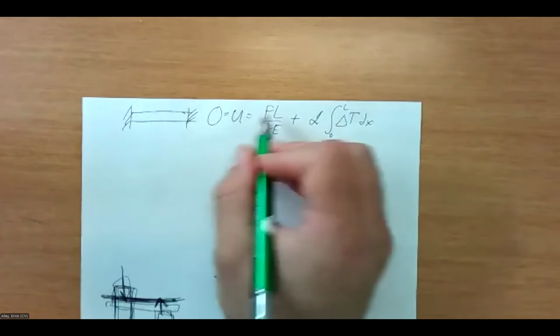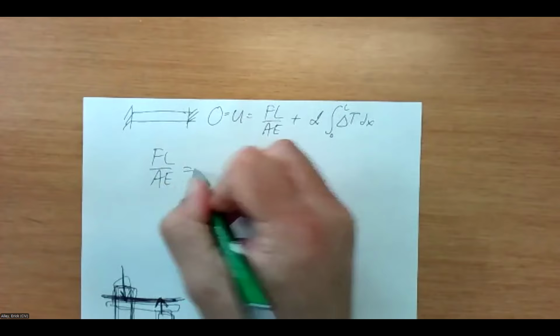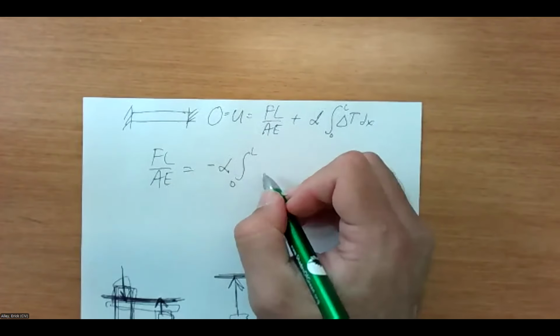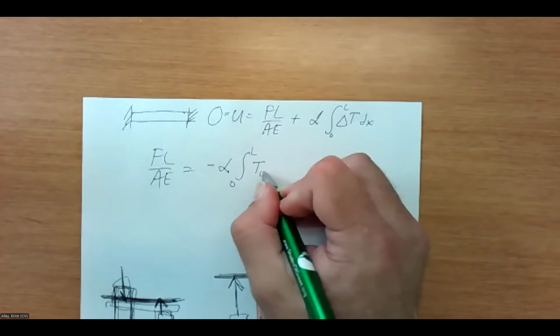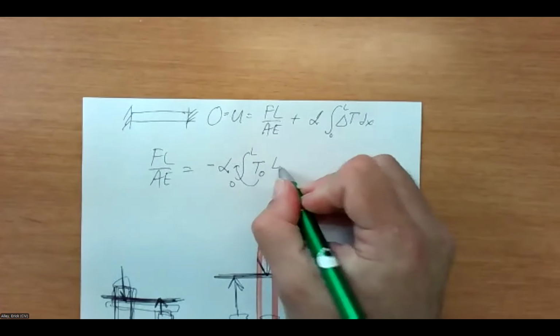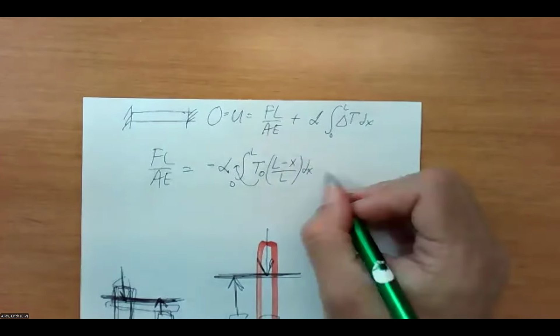So if I'm going to solve that for force, I've got FL over AE on this side, and over here I've got minus alpha, integral 0 to L. And then for what's inside there, I've got that T naught out in front. That can come outside because it's a constant. And I've got L minus X over L dx inside there.